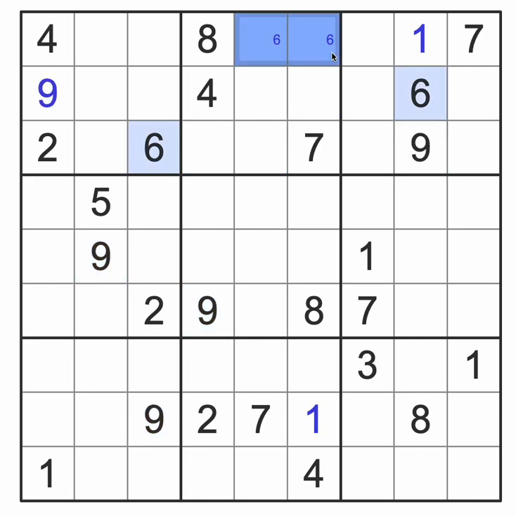That leaves only 2 empty cells for 6 and 9, so this becomes a 6-9 double, and that means these 3 cells will have to use 2, 3, and 5. But 2 here blocks these 2 cells. That means 2 has to come in here, and this cell is blocked by this 5, so this is 3, and that makes this cell 5.